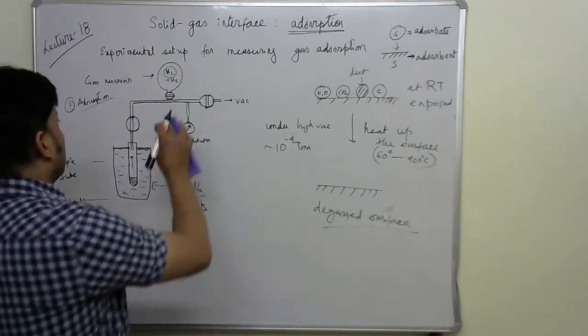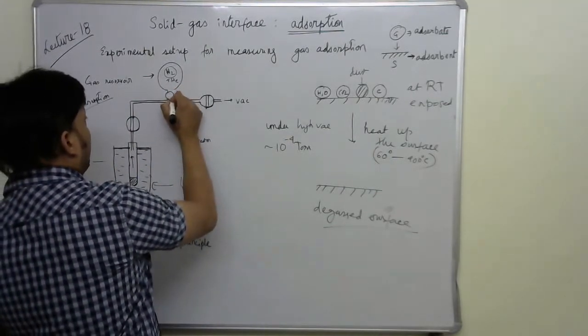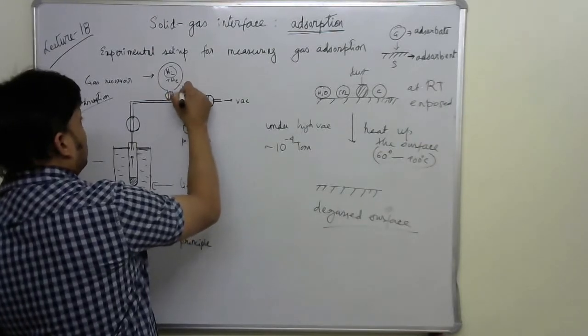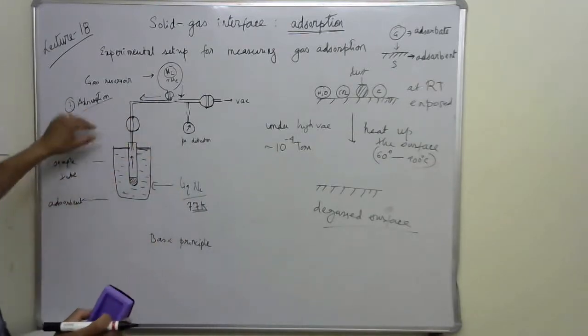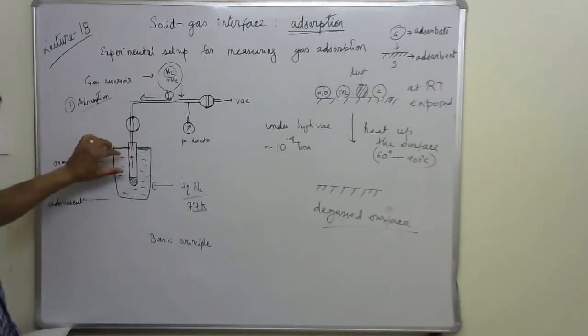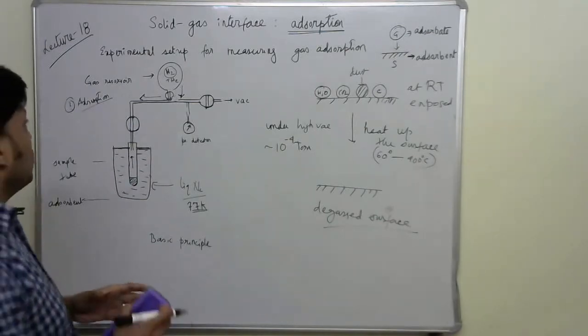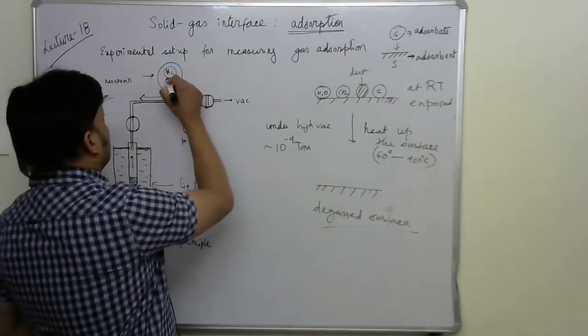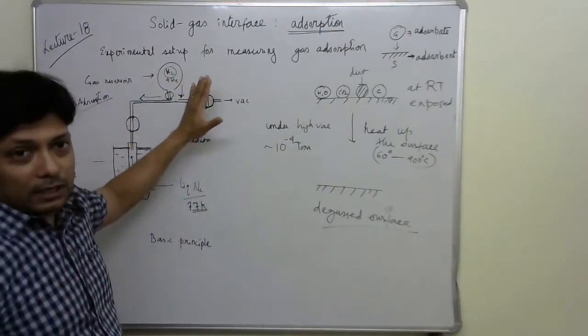And then slowly this gas reservoir's valve is opened. All right, so the gas from the reservoir comes down and interacts with the solid surface. But you see here in the reservoir, there are two types of gases: one is nitrogen and the other is helium.